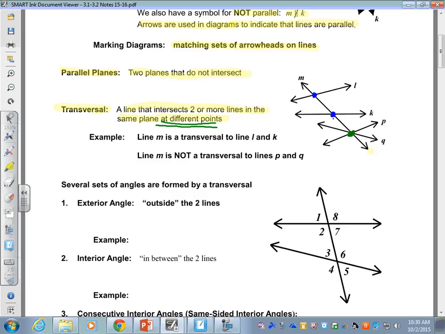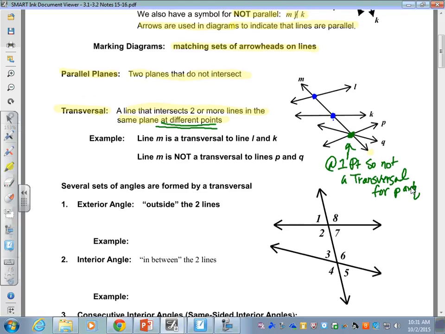To be a transversal, it has to have two different points of intersection. So understand that this intersection is at one point. So not a transversal for P and Q. I ran out of room. When it's at 2 points, it is a transversal.